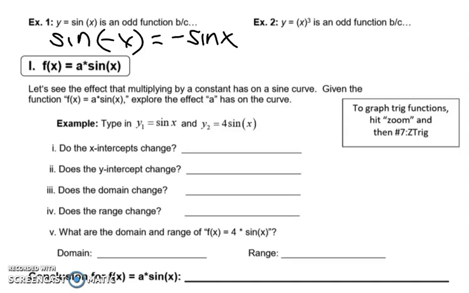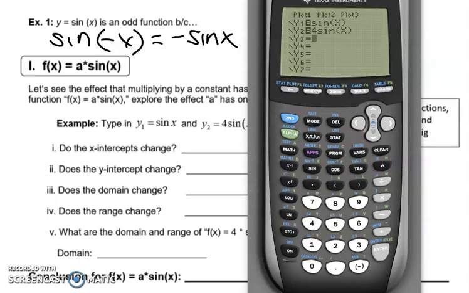So in your calculator, in y1, do sine of x, and in y2, do 4 sine of x. And then answer the following questions. So if we put those two functions into y equals, sine of x and 4 sine of x, and we graph them, we get a visual of what they look like.